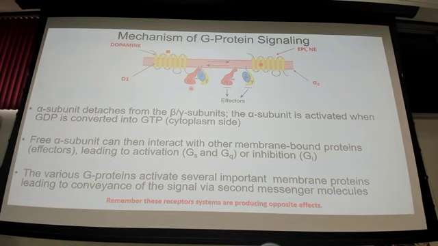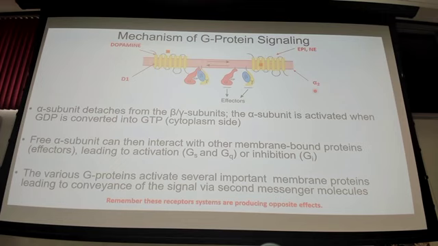That alpha subunit would then activate adenylyl cyclase, which will cause the conversion of ATP to cyclic AMP, and then that will lead to the respective physiological effects of D1.